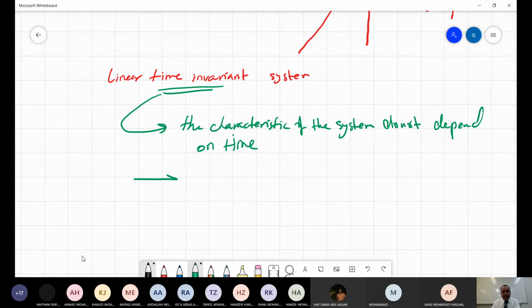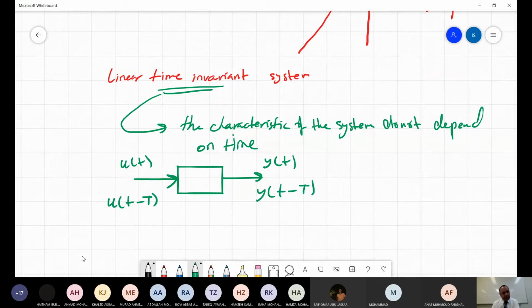Which means that if I'm having a system and I'm injecting the input at a certain time, u of t, I will get y of t. If I inject u of t after a certain time, I will get y of t after a certain time. This is what we call a linear time invariant system.